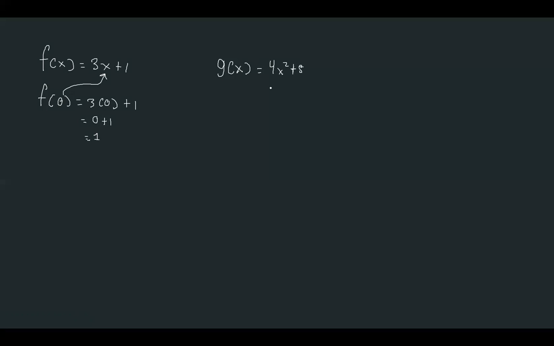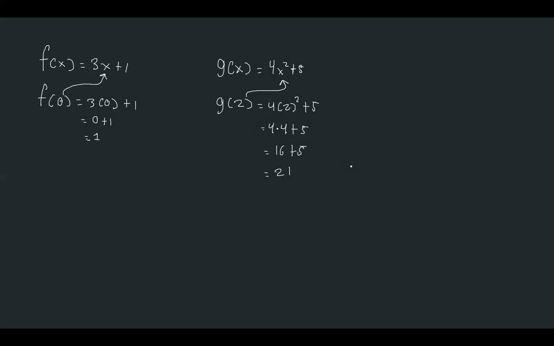All right, so let's try to evaluate this function g. Let's say we have 2. We're going to simply substitute 2 for the x. So this is 4 times 2 squared plus 5. So we have 4 times 4 plus 5, so this is 16 plus 5. So this is 21. All right? So you see, that's it.